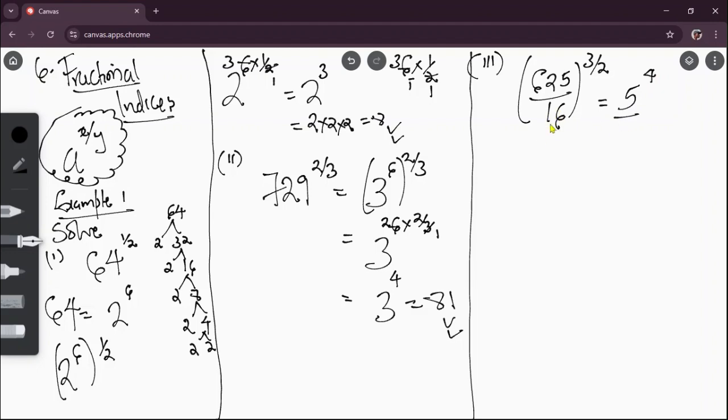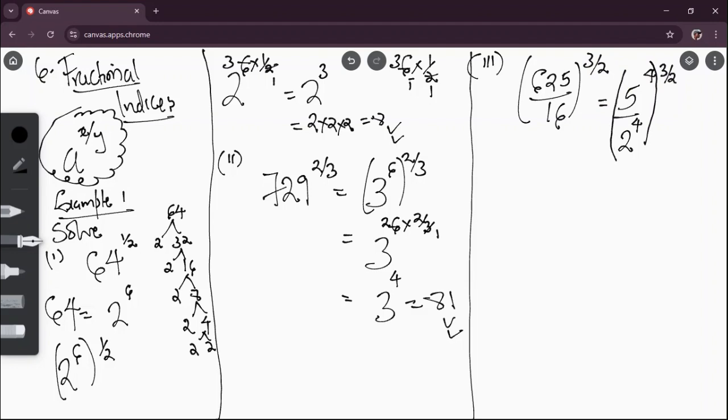And what is 16 in power form? 16 in power form is the same as 2 raised to power 4. Remember, I've just written this in another way. This is the same number. This 5 power 4 is 625, 2 power 4 is 16. So I want to still include this one. I put it outside, like that.